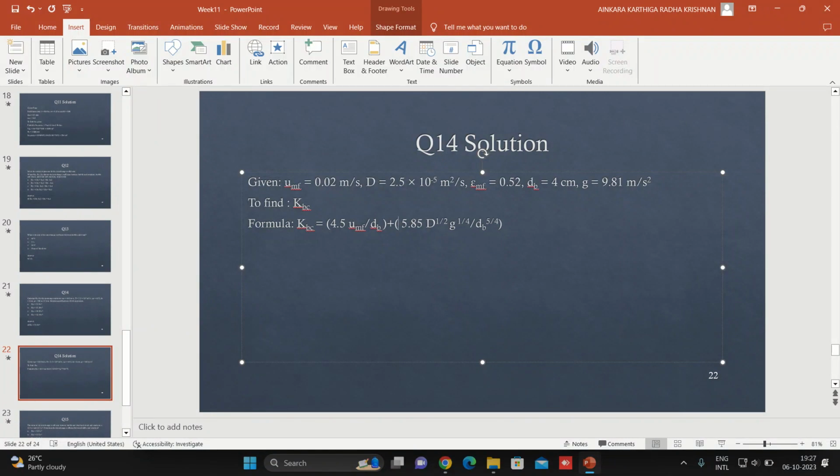So now we need to substitute all the known values from this question into this formula.